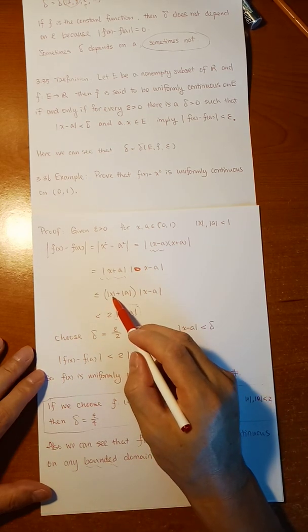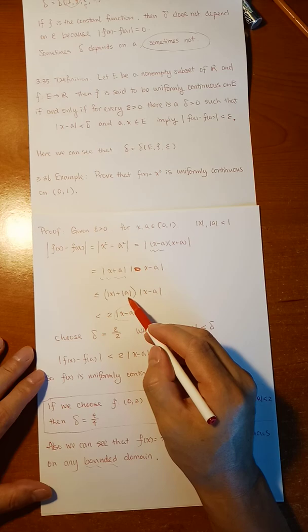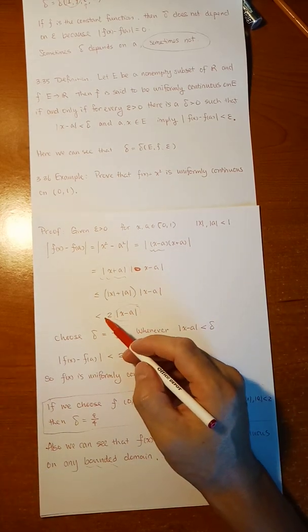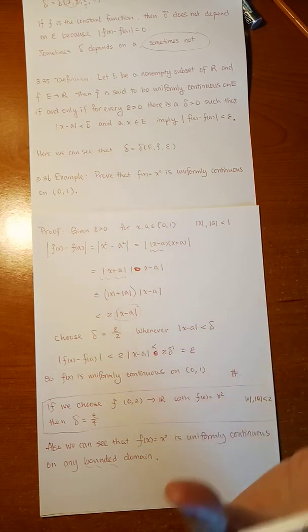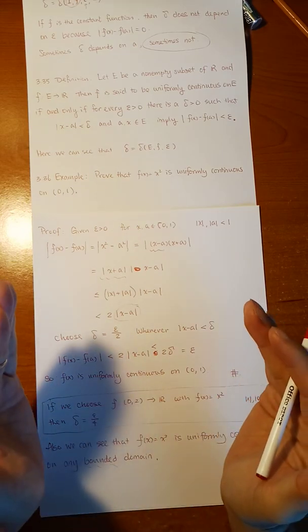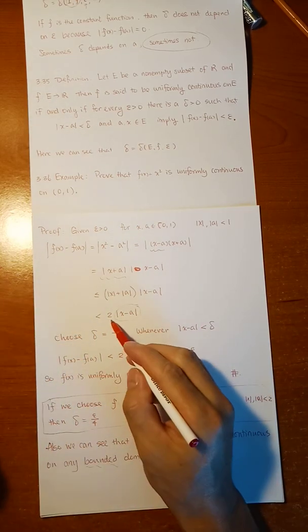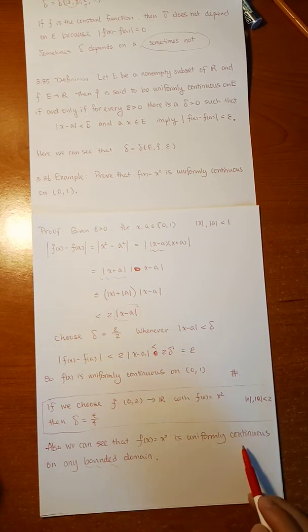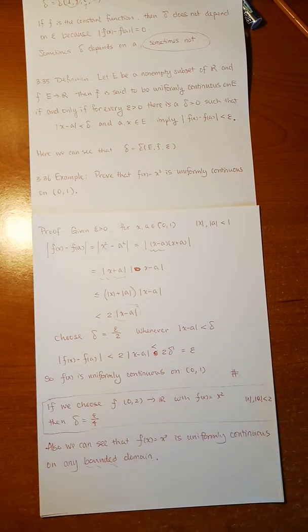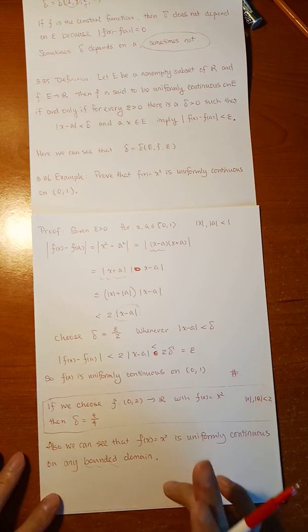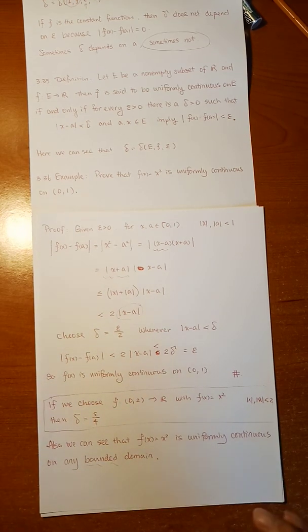Because when you have a bounded domain, the abs value of x and abs value of a will be less than or equal to some number M. Then you just double that number, it's 2M. So this function is uniformly continuous over any bounded domain. But if it's unbounded, the situation will be different. So let's see what happens if it is unbounded.